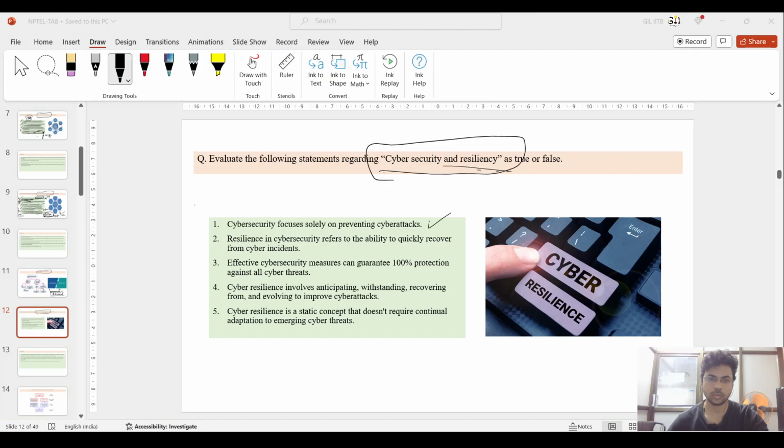Any other answers? Okay, I got one new answer. Pradyuman is saying second and third are false. Okay, any other answers?